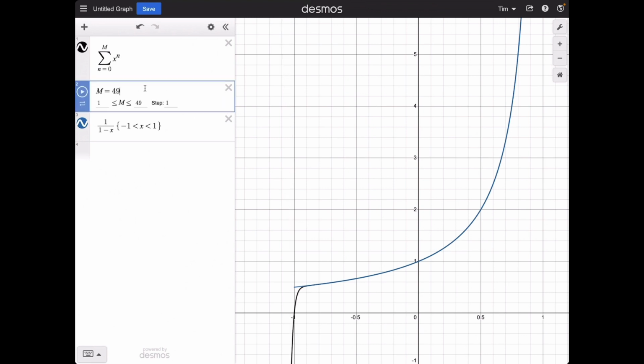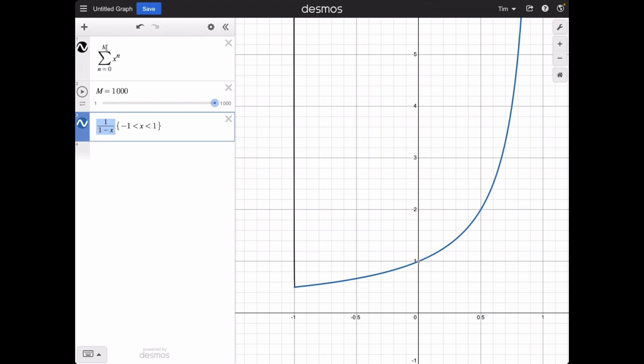and just for fun, let's take 1,000 terms here. Desmos might have some trouble handling that, but there we go. It actually did all right. And we can see how close we are here. This power series really only equals that function if we actually take an infinite series. So we'd have to go from 0 to infinity. And again, Desmos can't do that. But here we have a 1,000 degree polynomial, which is a really, really good approximation for this function 1 over 1 minus x.